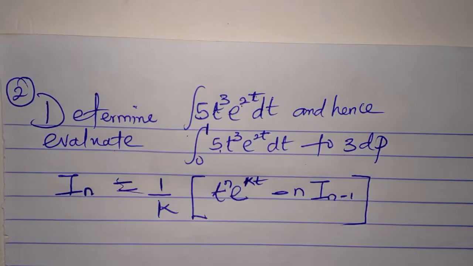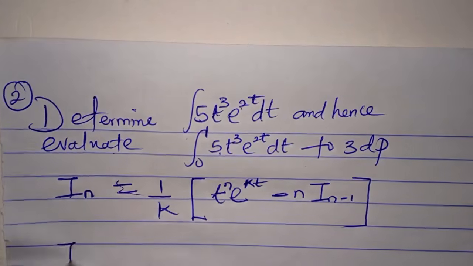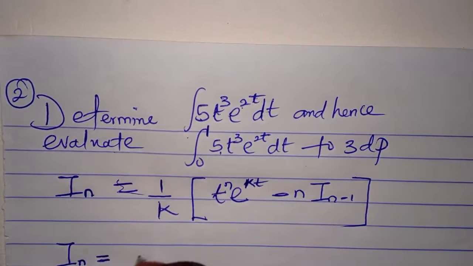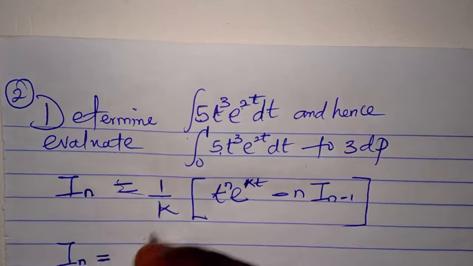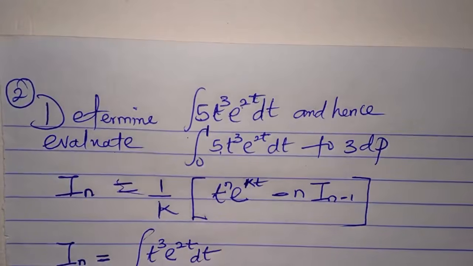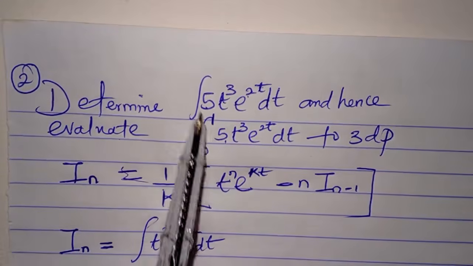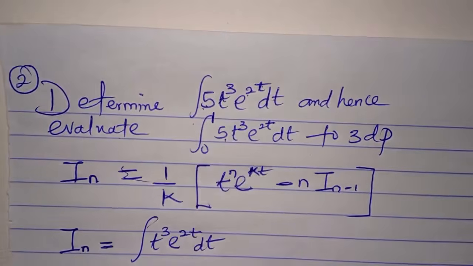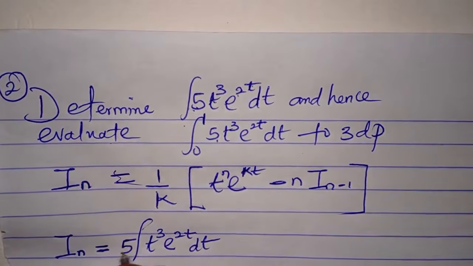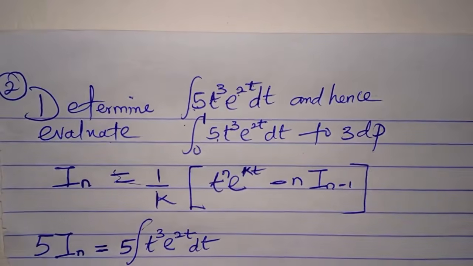Okay. Now, I sub n in this particular case is the integral of t cubed e to the power of 2t dt. But since we have a 5, which is a constant actually, the 5 can come out. So if I bring it out here, I will multiply this one by 5 as well.